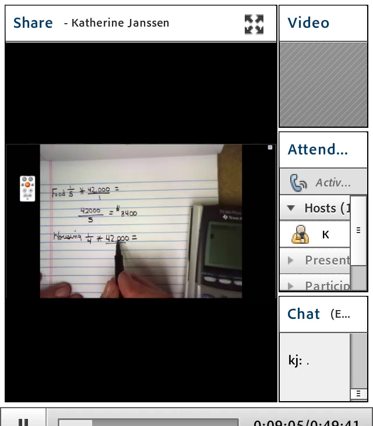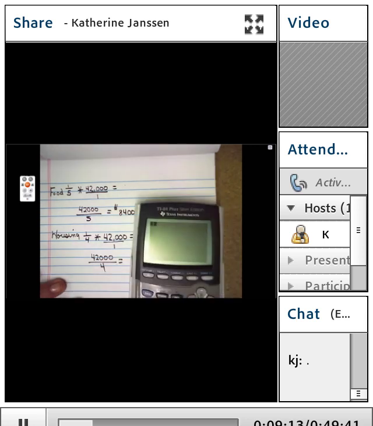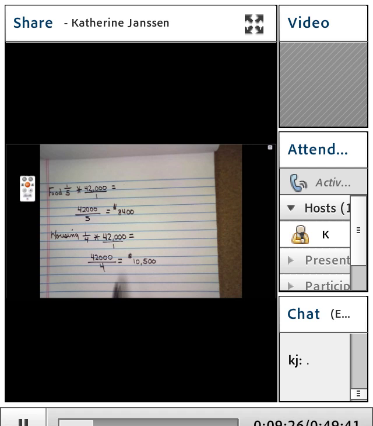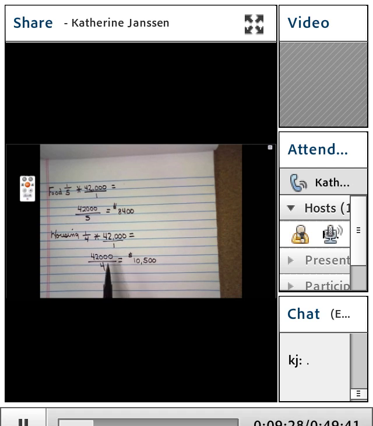Multiply the numerators, multiply the denominators. 42,000 divided by 4 is $10,500. So of my total earnings for housing, I spent $10,500.